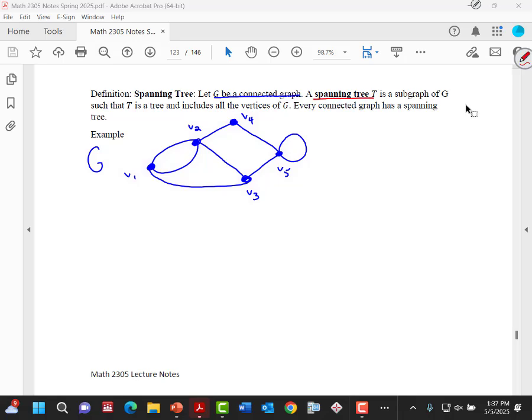A spanning tree T is a subgraph of G such that T is a tree and it includes all the vertices of G. Okay, so this is what we're going to do. To construct this spanning tree, I have to have all of the vertices.